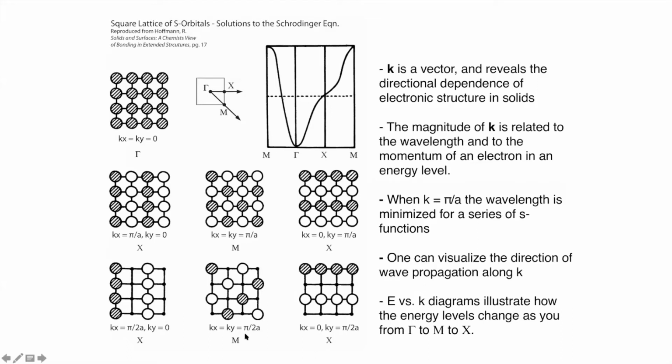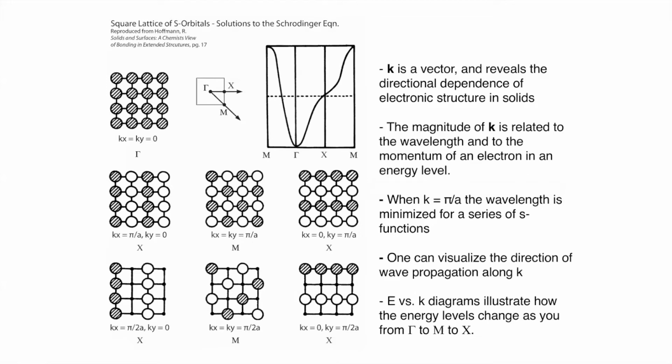Okay, and so you can also do this where kx and ky are pi over 2a. Where would you be? That would be this orbital here, or this particular energy, this region of the Brillouin zone between gamma and M. Okay?